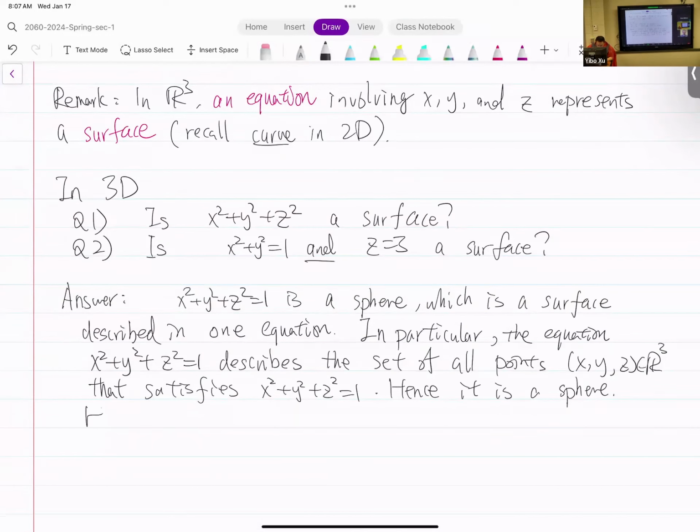However, basically the distinction is that for an equation, it will define you some relationship in the three-dimensional space. Right?